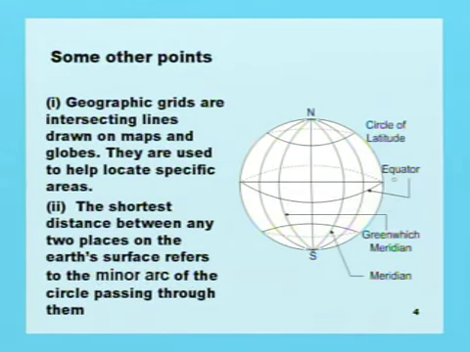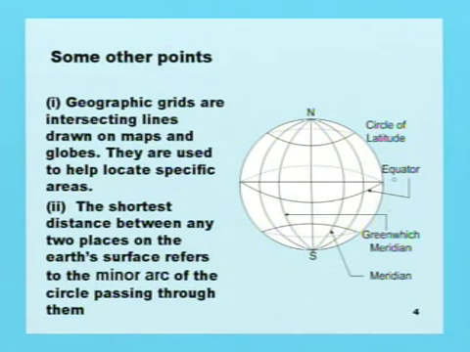Some other points to note. 1. Geographic grids are intersecting lines drawn on maps and globes. They are used to help locate specific areas or specific positions. Part 2.